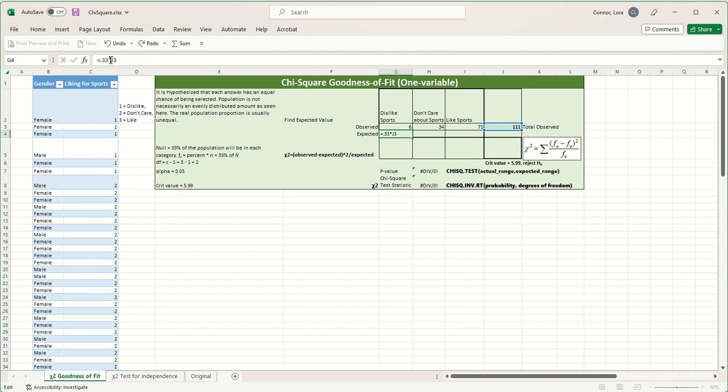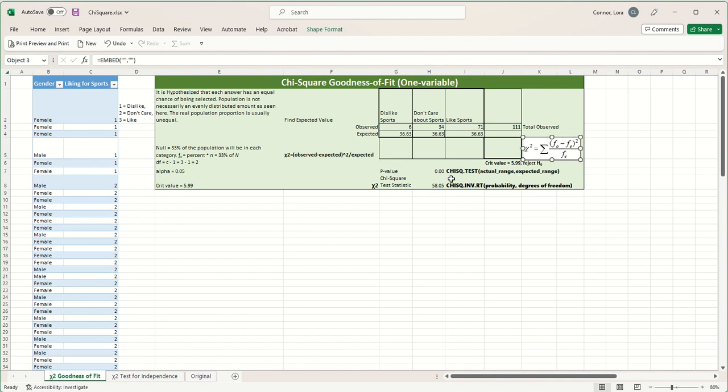So I'm going to put my cursor in the function and put a $ sign before the column letter and a $ sign before the row number. Then hit enter. That'll freeze it. Now I'm going to drag it across. You can see that for each one of these, we expected to see a score of about 36.63.